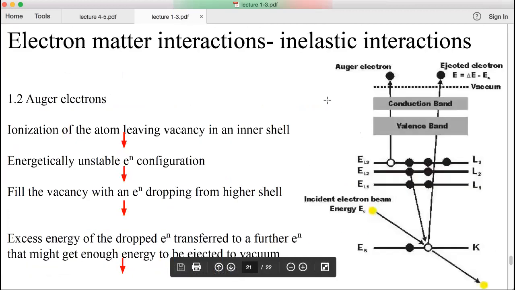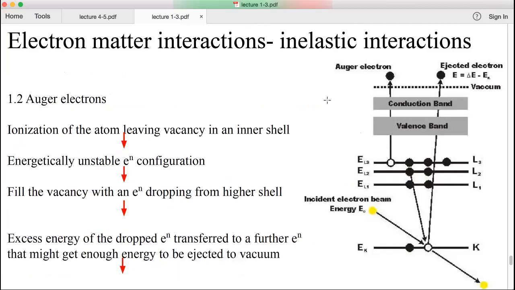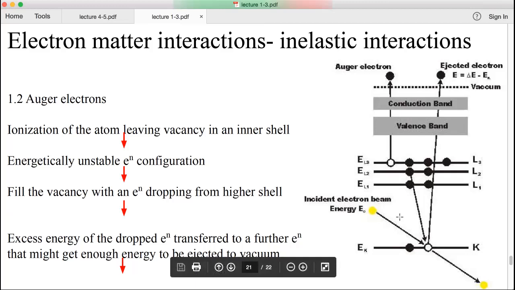Right, now let's see what Auger electrons are. First, the incoming electron will ionize the atom, leaving an inner shell vacancy. This incident electron knocks out an electron to vacuum, leaving a vacancy, and the incident electron leaves the atom with reduced energy.